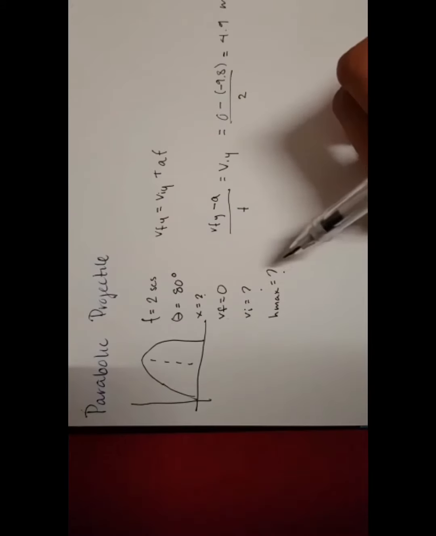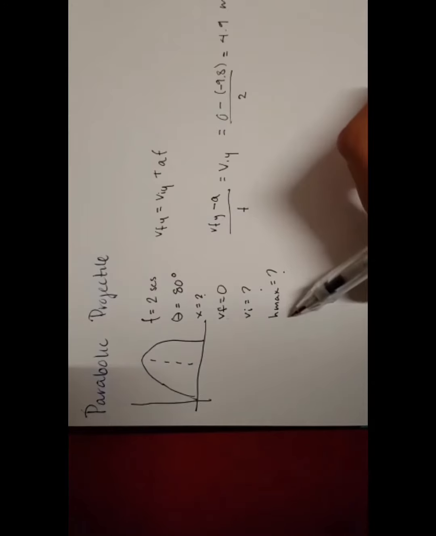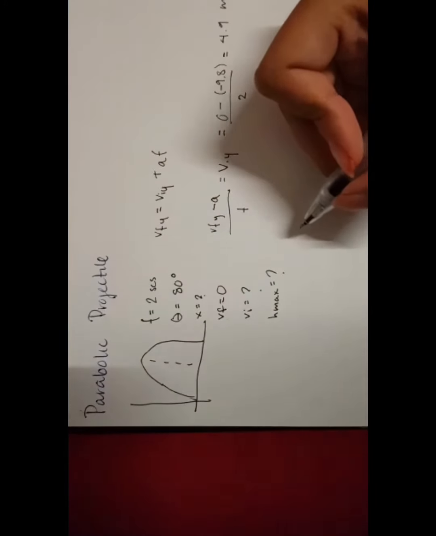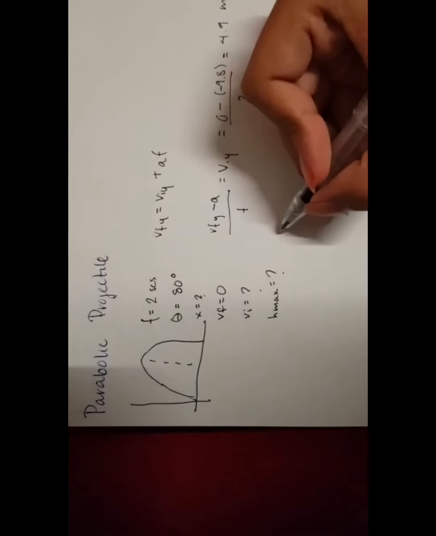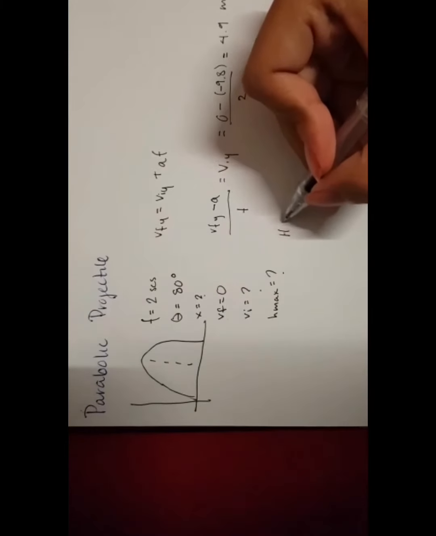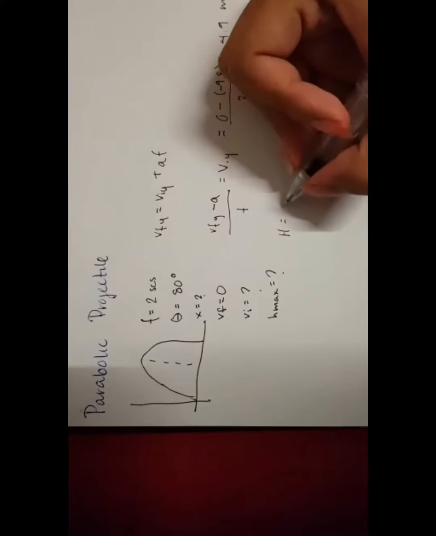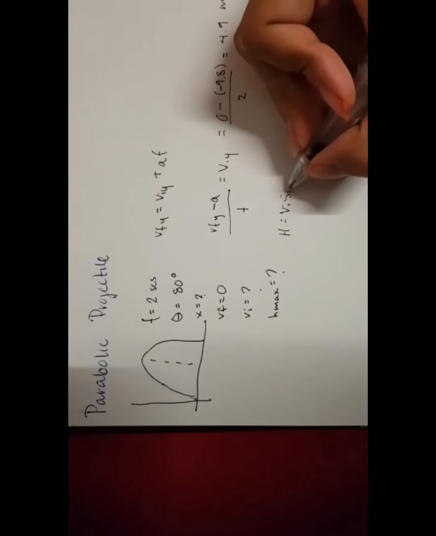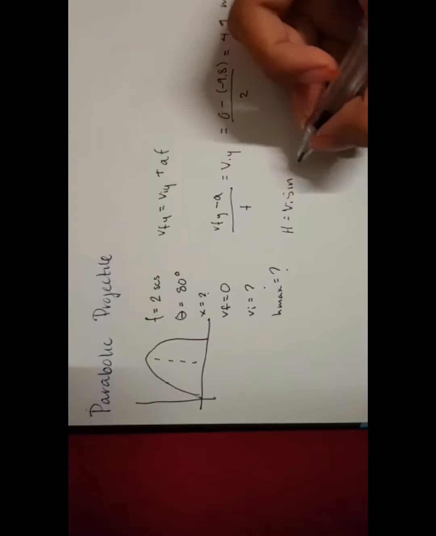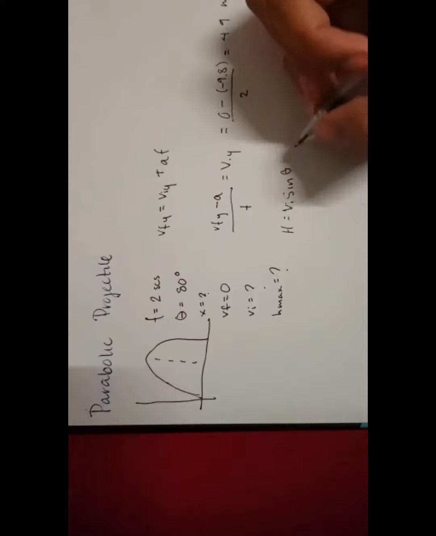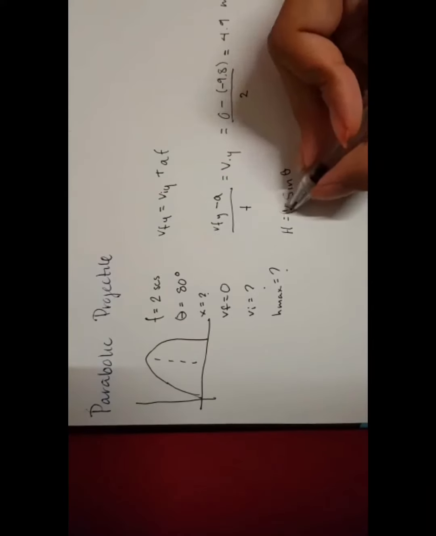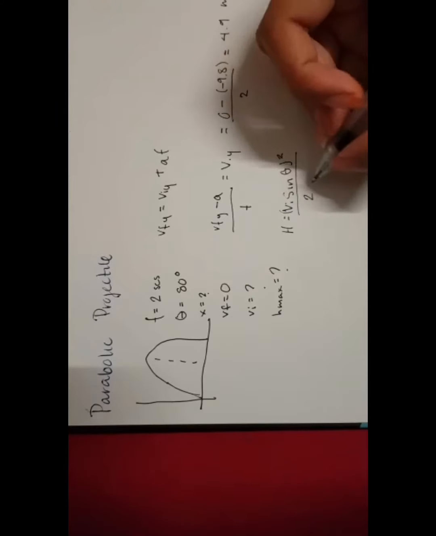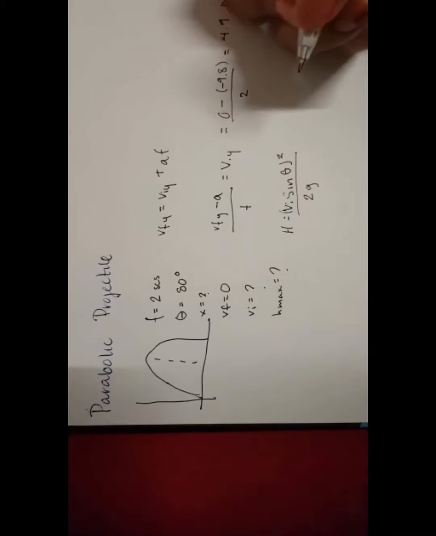Now we have to find the maximum altitude, and the formula for that would be h is equal to initial velocity sine of the degrees, all squared, over 2 times gravity.